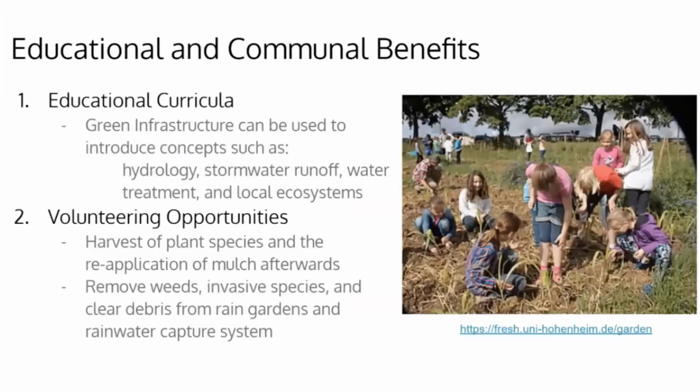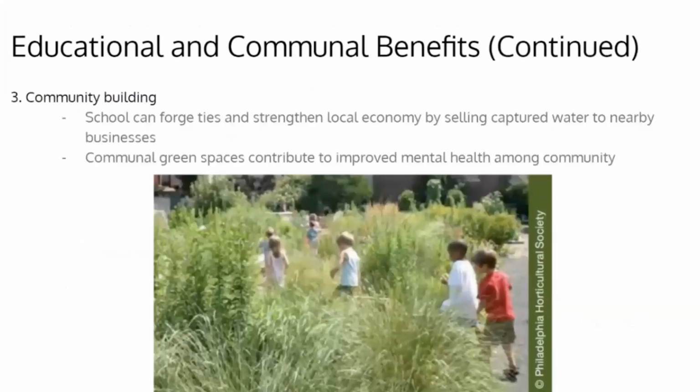Secondly, our modified stormwater plan presents many educational and communal benefits. Not only will students see how green infrastructure works on their campus, teachers can also introduce concepts in hydrology, stormwater runoff, water treatment, and local ecosystems in the classroom. Additionally, students can volunteer to help harvest plants, remove weeds, or maintain the rain gardens and rainwater capture system.